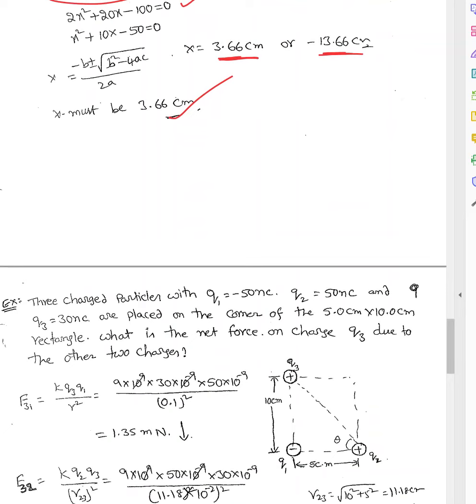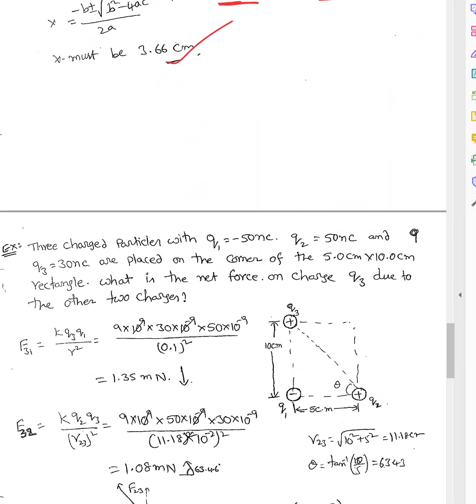Now the next example. Three charged particles with Q1 equal to negative 50 nanocoulombs, Q2 equal to 50 nanocoulombs, and Q3 equal to 30 nanocoulombs are placed on the corners of a 5 centimeter by 10 centimeter rectangle. What is the net force on charge 3 due to the other two charges?